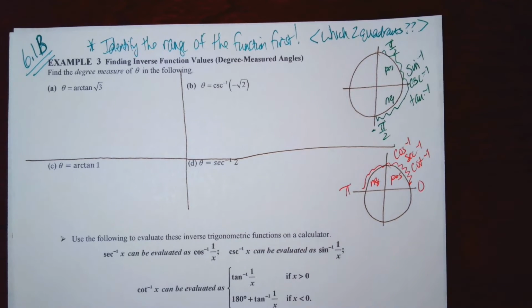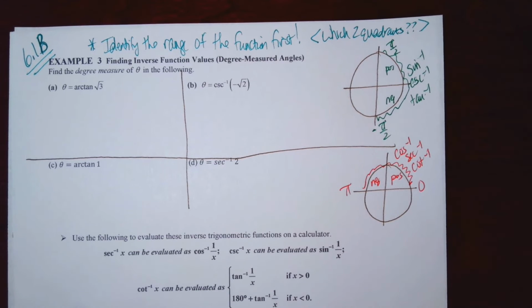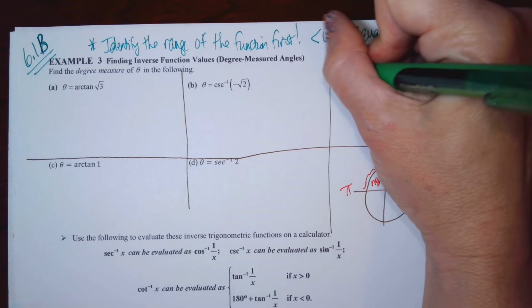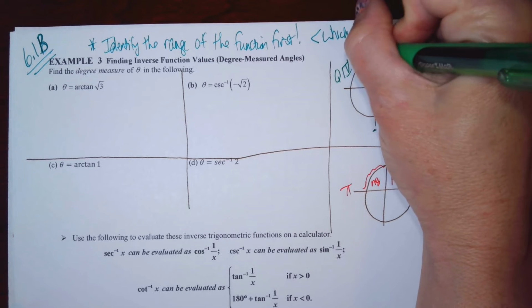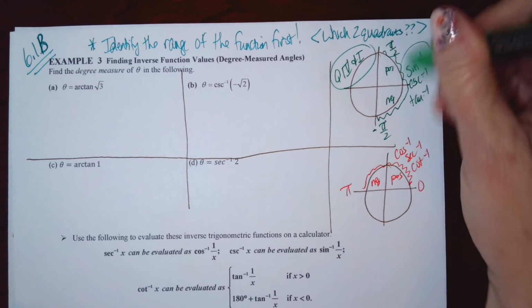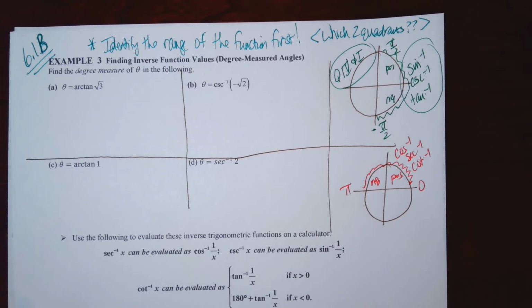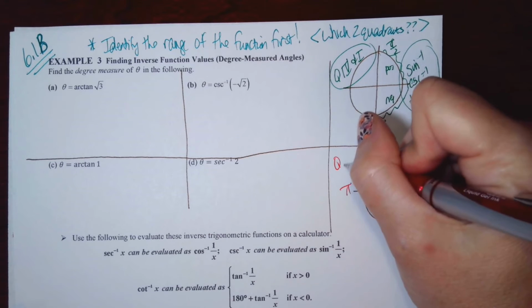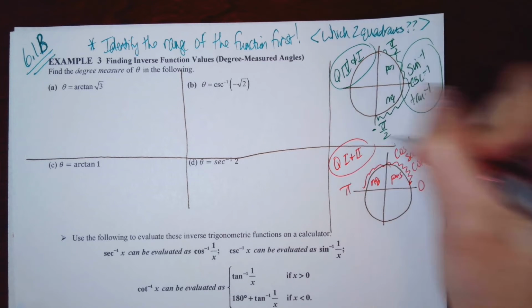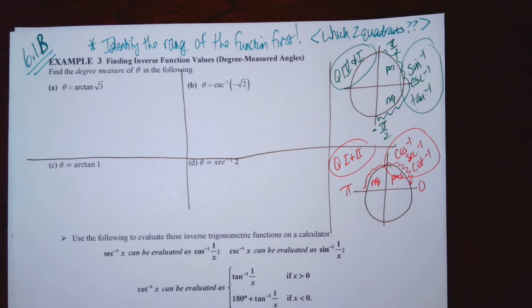So those are the quadrants that I'm restricting myself to based on which of the inverse functions I'm interested in. So quadrants 4 and 1 if I'm doing those three inverse functions, and quadrants 1 and 2 if I'm doing those three inverse functions.